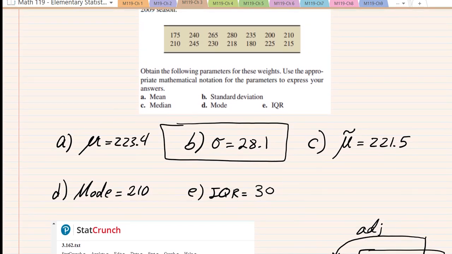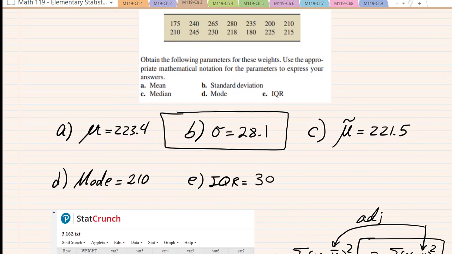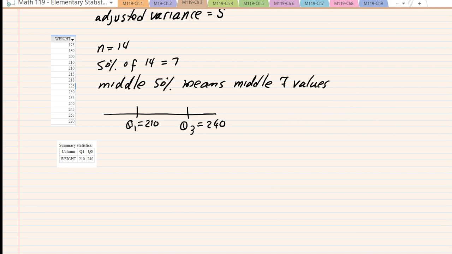And okay, the IQR of 30, again the middle 50% are in a 30-point range. So let me actually show you this now. I went ahead and grabbed the quartiles. There you go, quartile values here from StatCrunch.